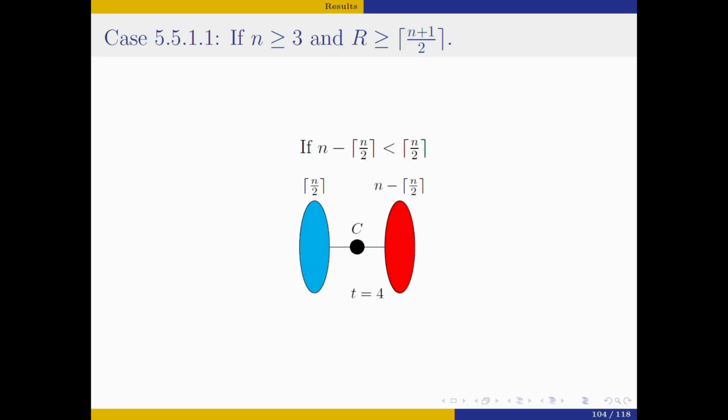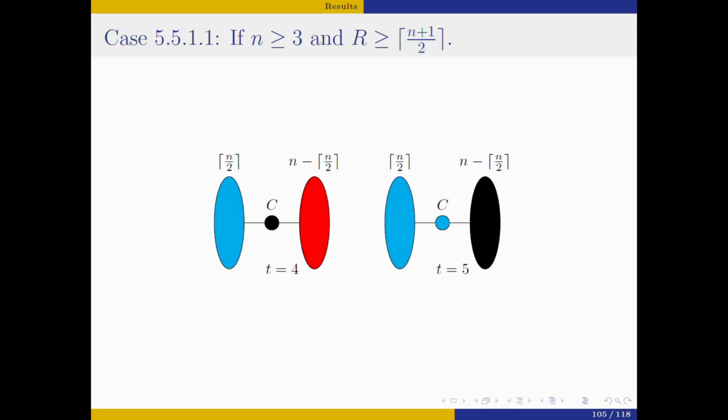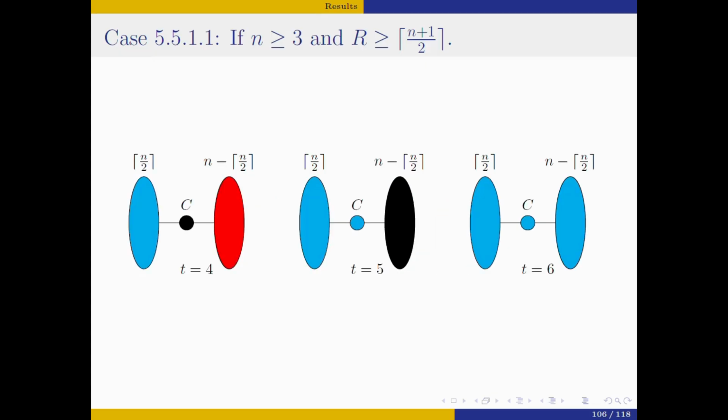In this case, we will look at the one where it is less. Then, for time t equal 5, the center will become healthy, since it didn't have a sufficient number of infected neighbors to become infected again. And our external vertices that were infected will become dead, and the healthy ones will remain healthy. Finally, at time t equals 6, all vertices will be healthy, putting an end to the disease.